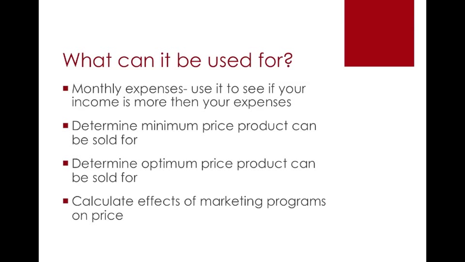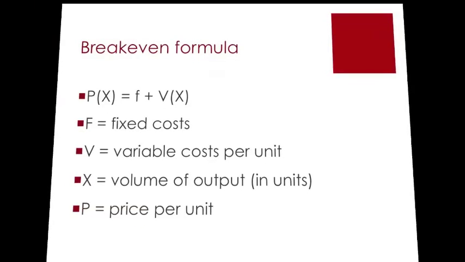So we could use break-even analysis to look at monthly expenses to see if our income is more than our expenses, determine the minimum price that we could charge for a product, or we could determine the optimum price a product can be sold for, depending on how much profit we want to make. Or we could calculate the effects of marketing programs on price, because marketing programs can drive potentially different sales volumes.